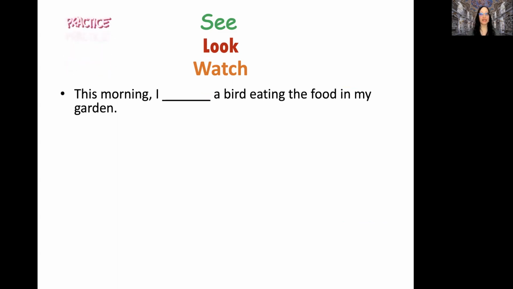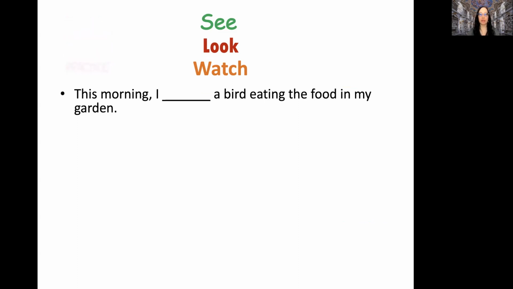This morning, I see a bird eating the food in my garden. This morning, I look a bird eating the food in my garden. This morning, I watch a bird eating the food in my garden. This is a tricky one. So think about it. Are we doing this naturally, just for a moment?